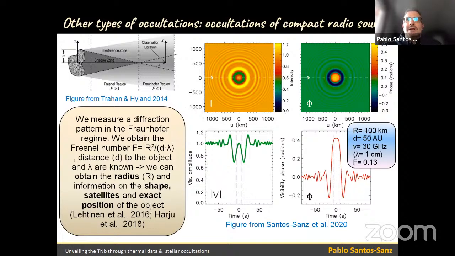It's close to the milliarcsecond in radio. So yes, if we can access this radio source catalog, we can start to predict, of course, occultations. And the advantage of Gaia, I suppose, is that they may be mainly interested in using compact sources because of the definition of the reference frame.